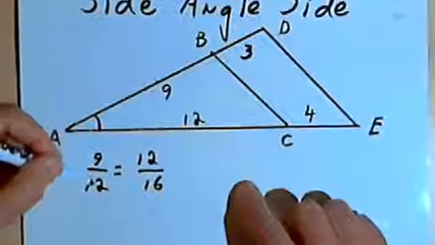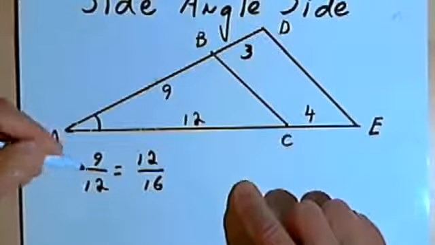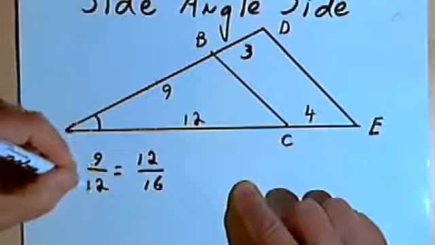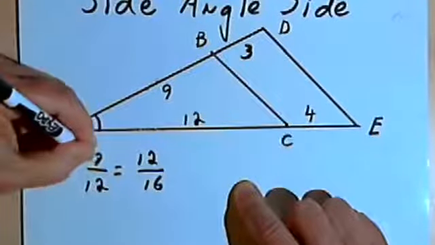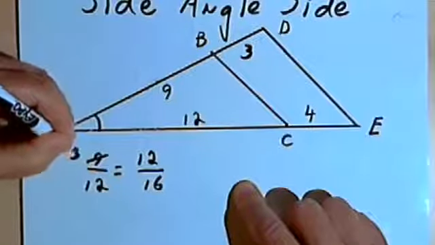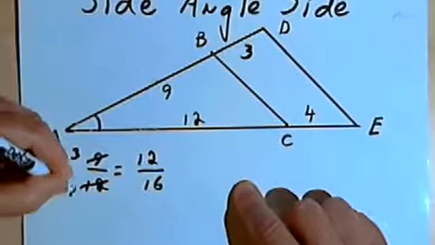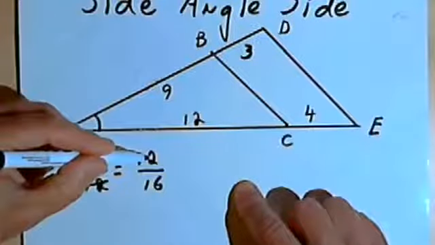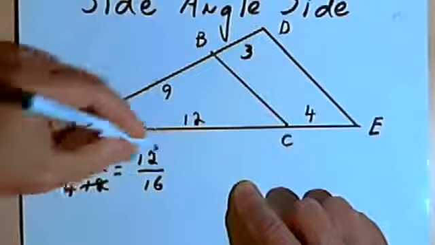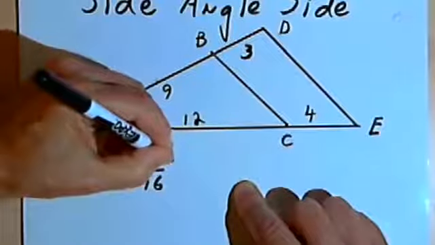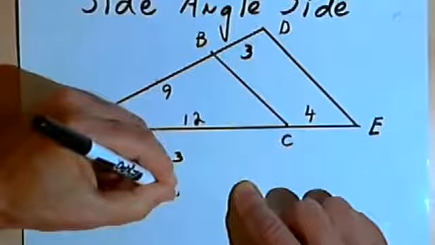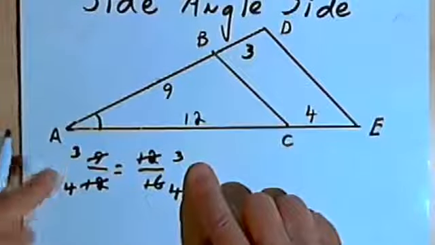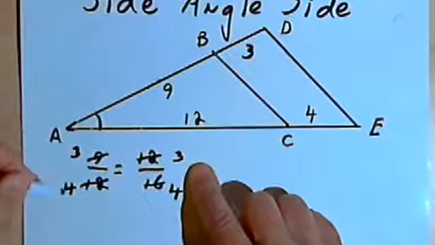I'll do this by reducing both fractions, both ratios. I can take 9/12 and divide both the numerator and the denominator by 3. So 9 divided by 3 is 3, and 12 divided by 3 is 4. And then with 12/16, I can divide the numerator and the denominator by 4. So 12 divided by 4 is 3, and 16 divided by 4 is 4. And for both of those ratios, I've got them reduced to 3/4.